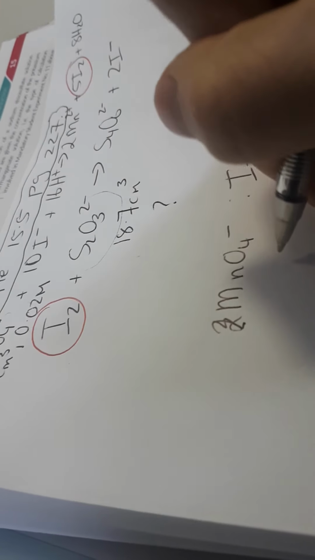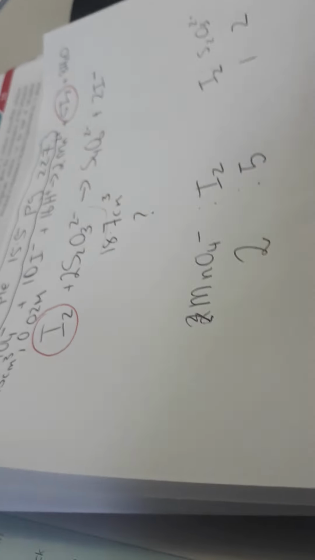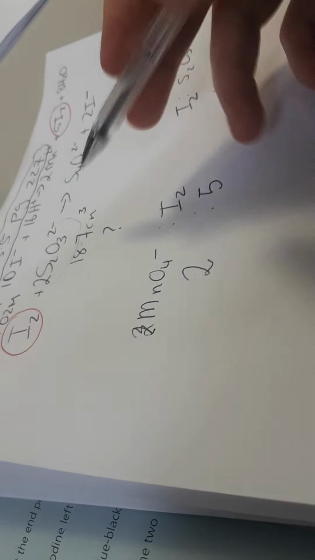So I have from my first equation 2 MnO4 minuses to 5 I2s, and then by my second equation 1 I2 is to 2 S2O3 2 minuses. That should have been a 2 there. So I have to multiply this second equation by 5.